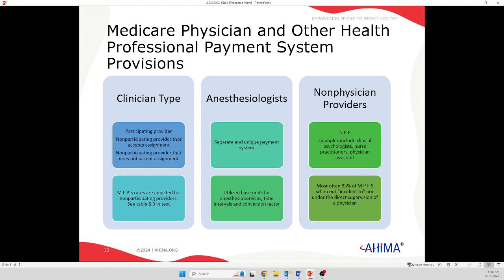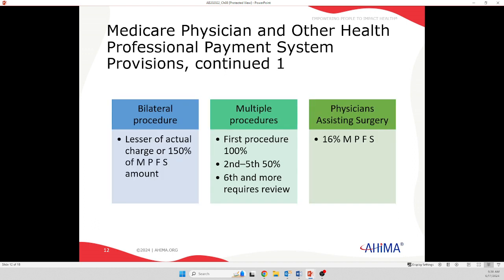Now, there are also some modifiers that are special circumstances that allow us to modify procedures. We've learned about those also in 2400. Bilateral procedure: it could be the lesser of the actual charge or 150% of the amount.